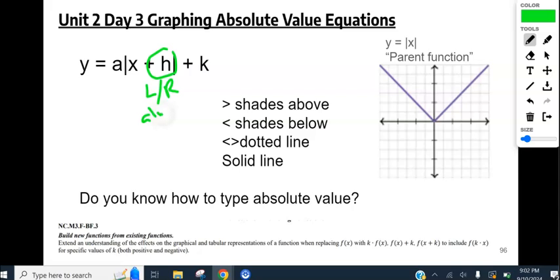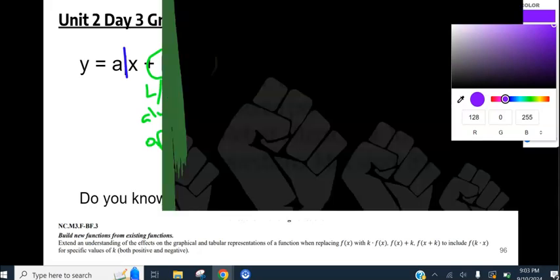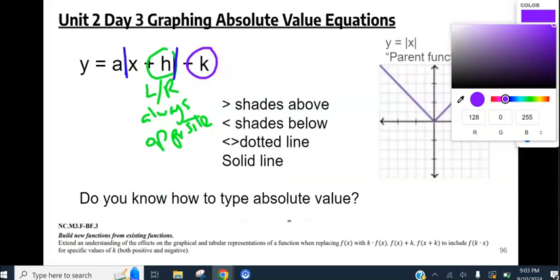It's always opposite. So again, you would think plus 6 would be right 6, but it's not. It's left 6. It's opposite because it's affected by the absolute value. K, in the meantime, a number outside that's adding or subtracting, that's always your up or down. It's not opposite.